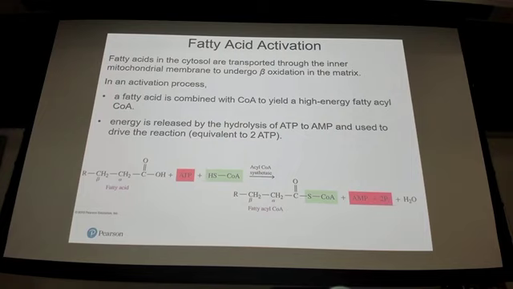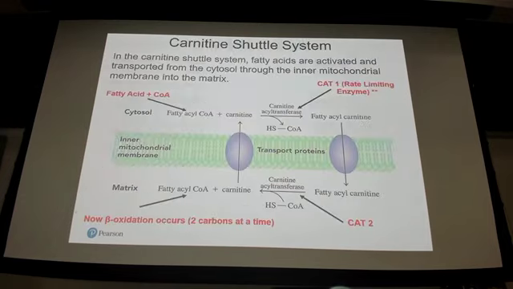And so what must be done, all of these steps have occurred in the cytosol of the cell. In order for beta oxidation to occur, we need to bring this fatty acyl-CoA group into the mitochondria.